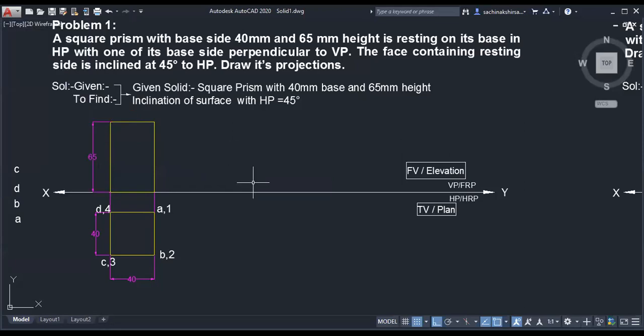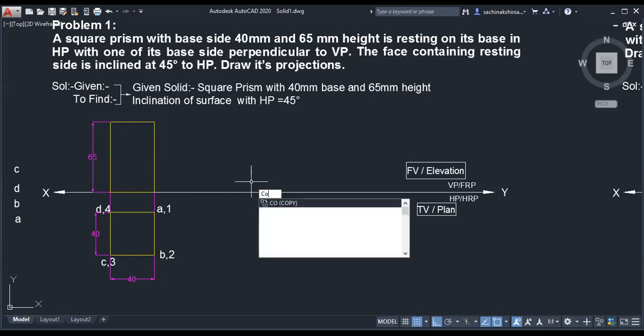Now names we have to give to this prism. What will be its top surface, the top square? What name have we decided to give for the top surface? 1, 2, 3, 4.